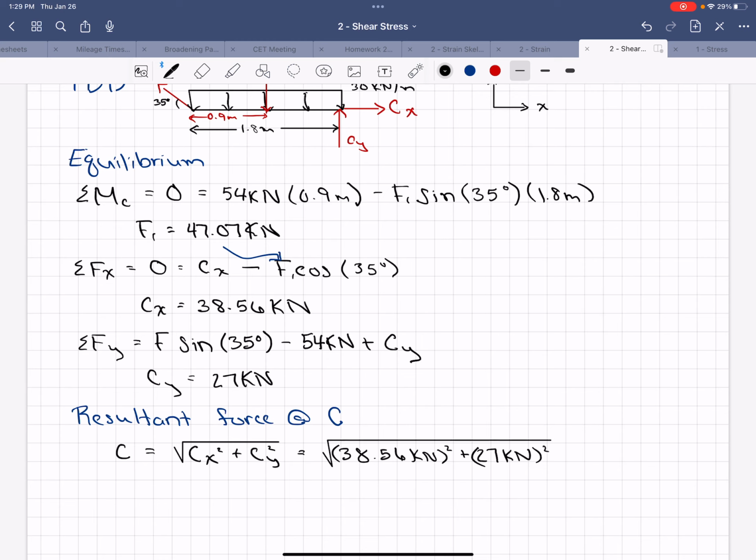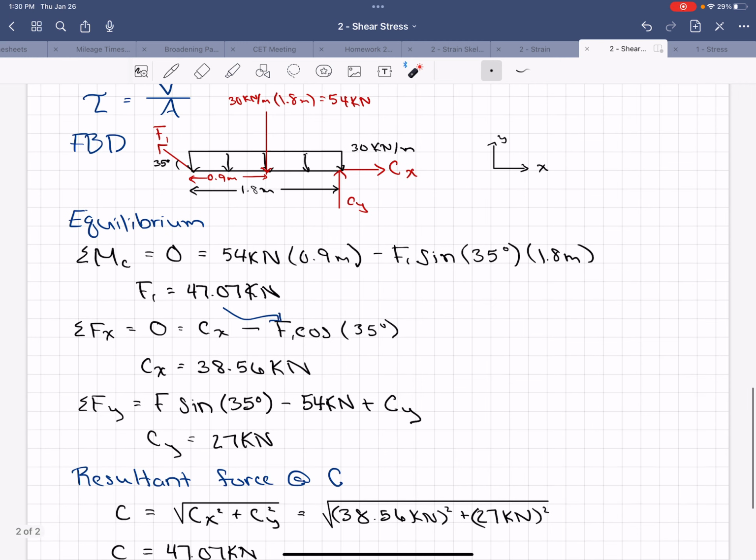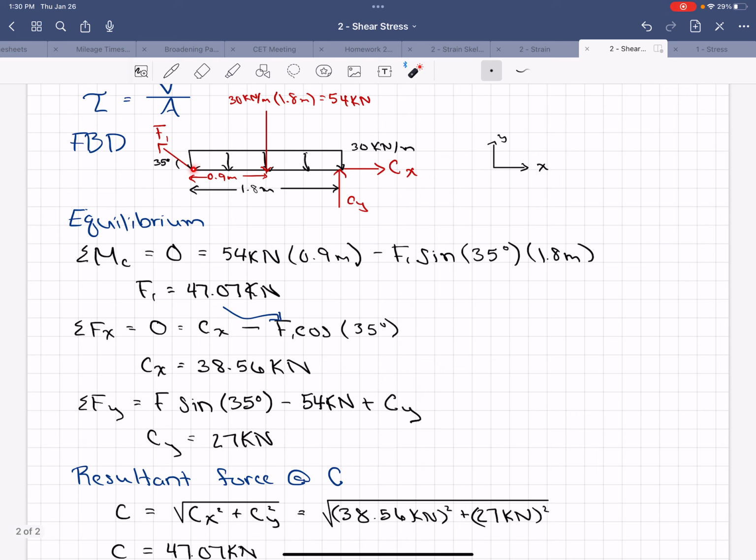Take the square root of all of that, and we get C equals, and this won't be surprising, it'll make sense once I write it out, 47.07 kilonewtons, which is the same as F1, which makes sense when you have an equally distributed load here.